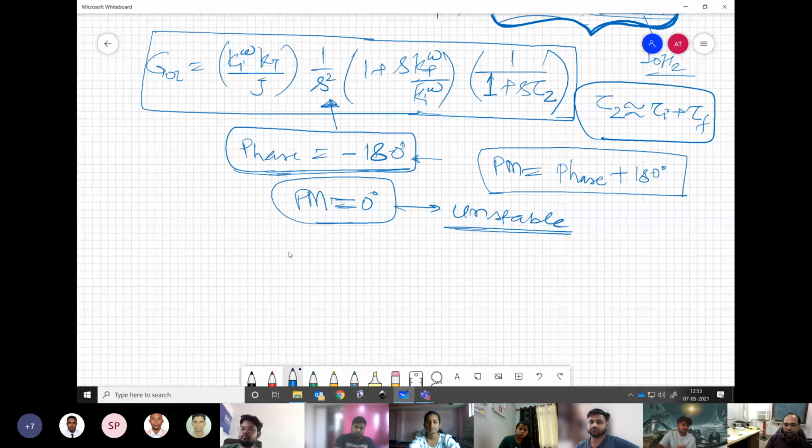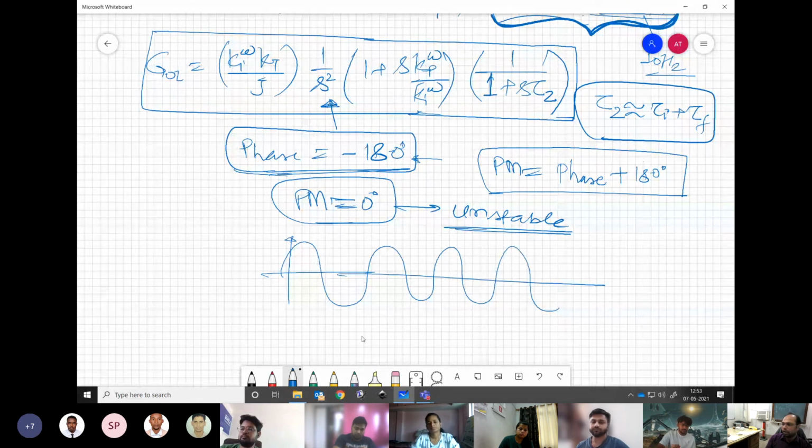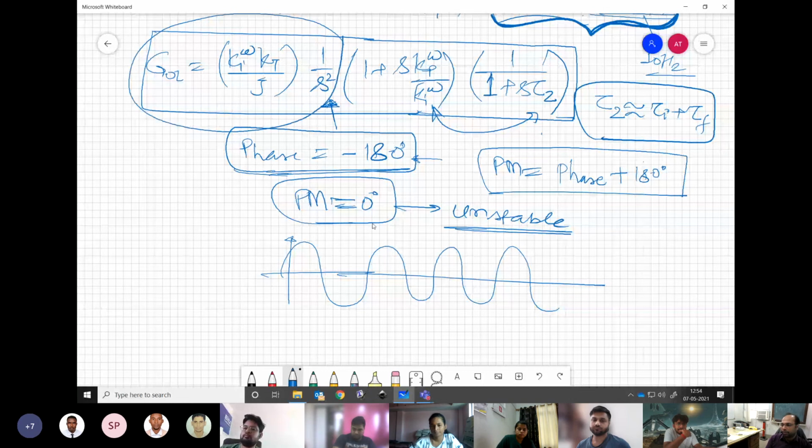It will always be oscillatory like this if you do not compensate it properly. You have a double pole sitting at the origin. This point you are understanding? So no matter what you do, this pole zero cancellation or whatever, this is not going to change. This will remain intact, which means even after cancelling these two, nothing will change. Dominant pole is this, and that too, two poles are there.